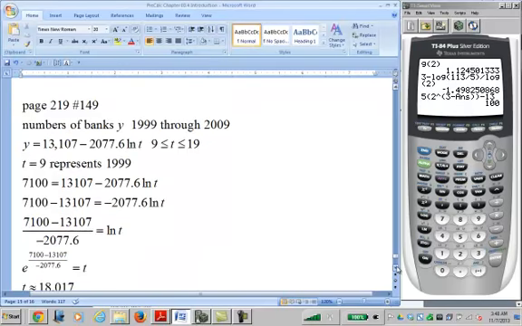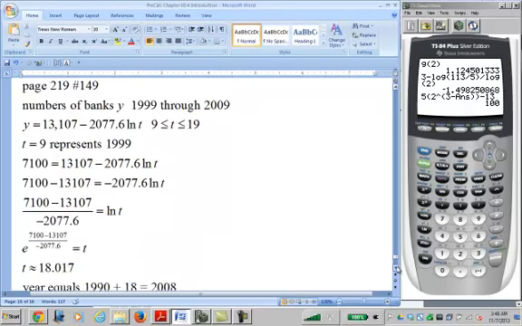And then page 219, number 149, number of banks, y, 1999 through 2009. The domain is 9 through 19, where 1990 is 0, and t equals 9 represents 1999. They want to know when there will be 7,100 banks.